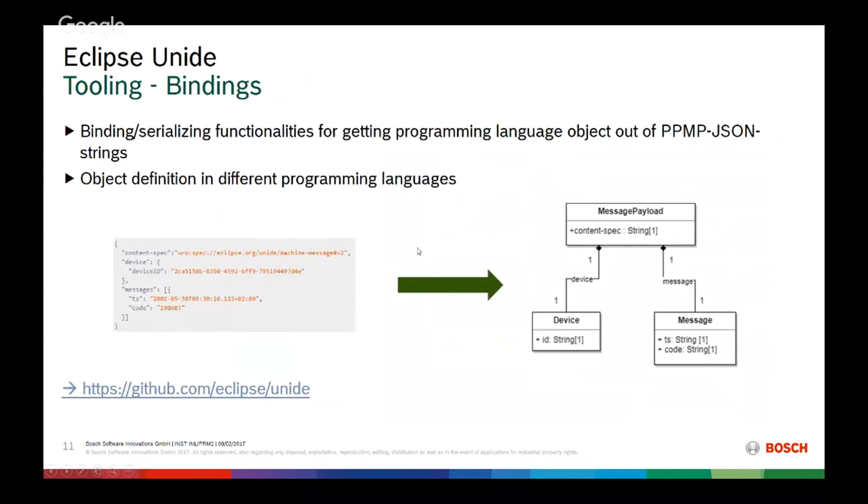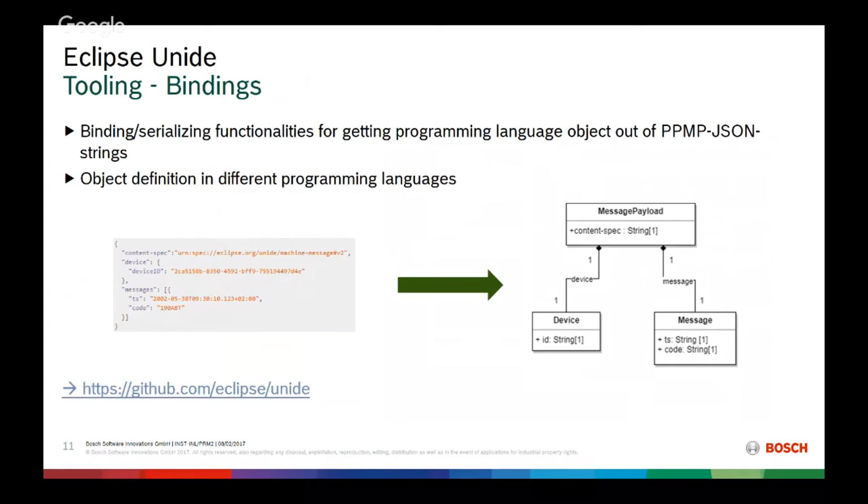What we also want to provide, and what we still have within the Java language, are some bindings or serialization functionalities for getting the object of the specific programming language out of the PPMP JSON you get, and the other way around.